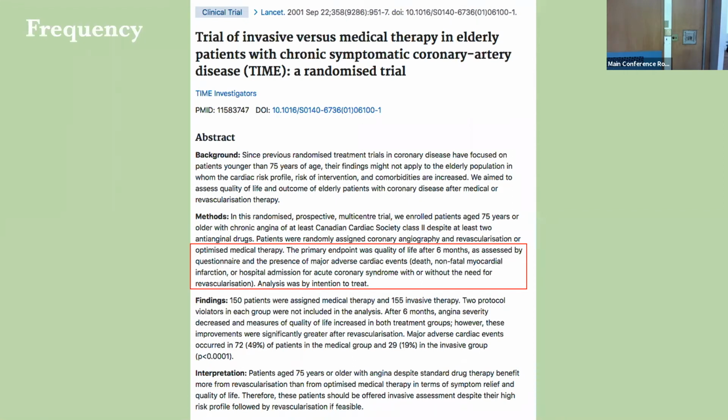And as you can see, the primary endpoint was major adverse cardiac events that included death, non-fatal myocardial infarction, or hospital admissions for acute coronary syndrome. So there are 3 elements of composite outcomes, and they all kind of look decent. But look at the numbers.